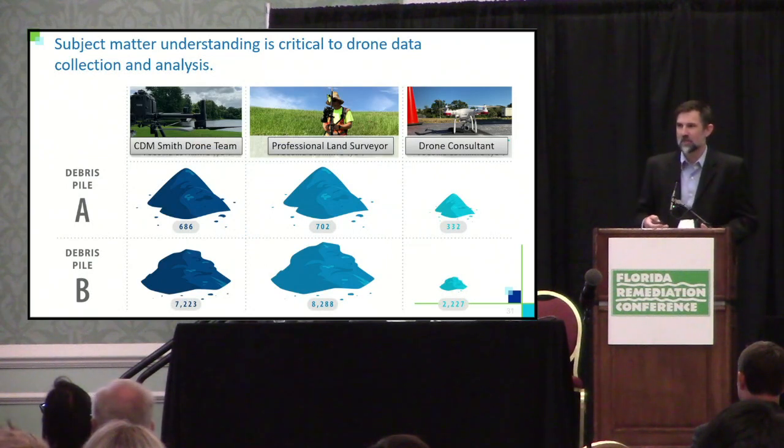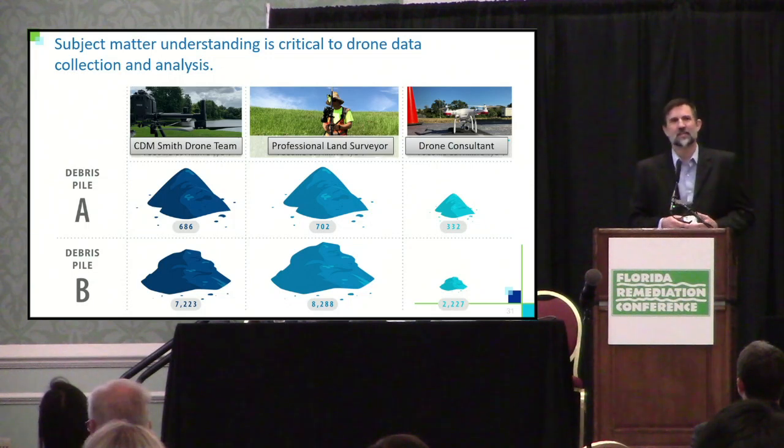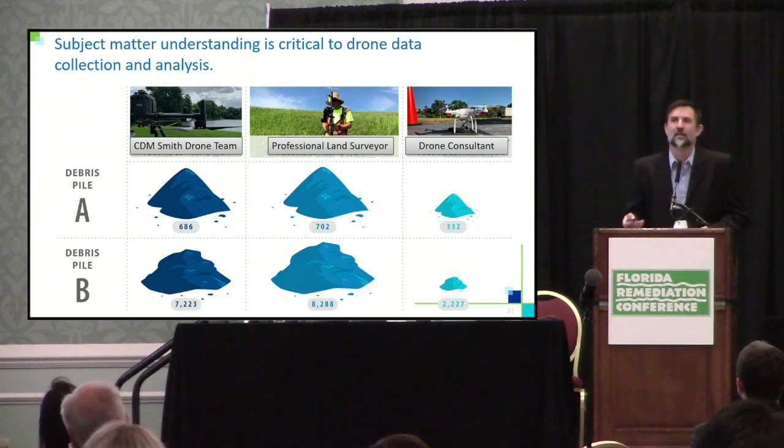So our estimate from our drone team compared pretty favorably to the professional land survey that was conducted to estimate the volume, and the drone consultant was very on the low side. And so what the drone consultant had done is there's a lot of off-the-shelf software processing programs where you put in your data, draw a box, and then it spits out a number.